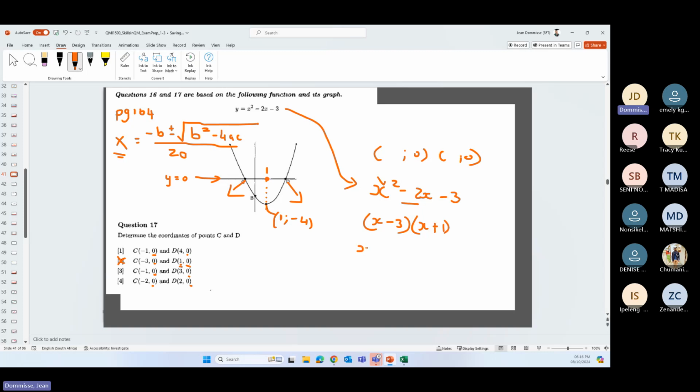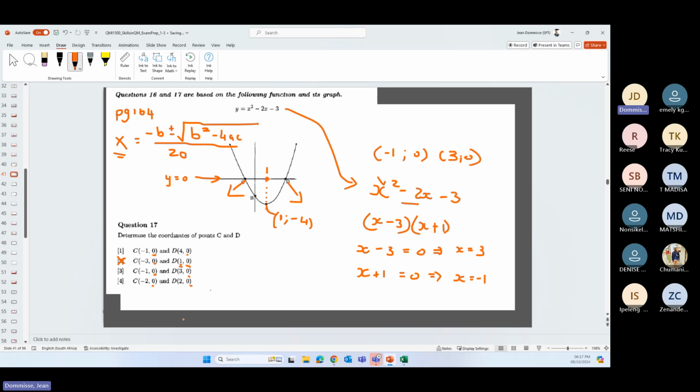So here I now have x minus 3 must equal 0, or x plus 1 must equal 0. x minus 3 equals 0 makes x equal to 3. That will be point D. And x plus 1 equals 0 makes x, taking the plus 1 to the right-hand side, equal to minus 1. So point C will be minus 1.